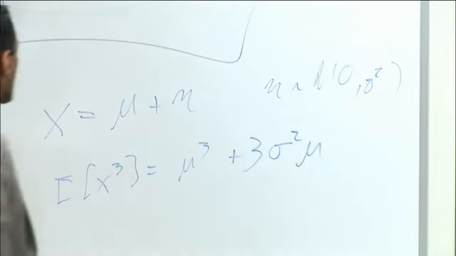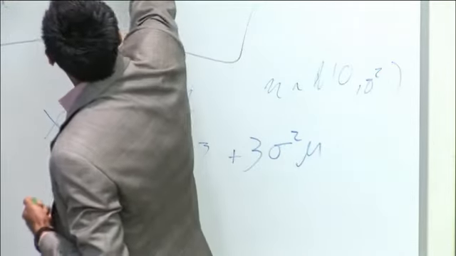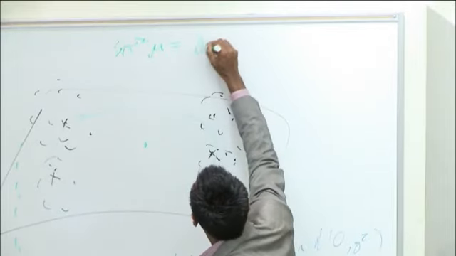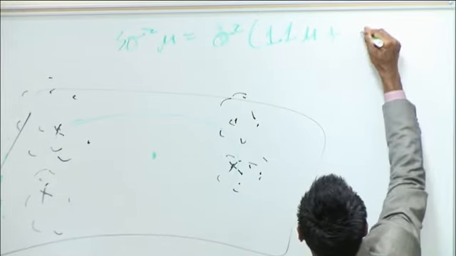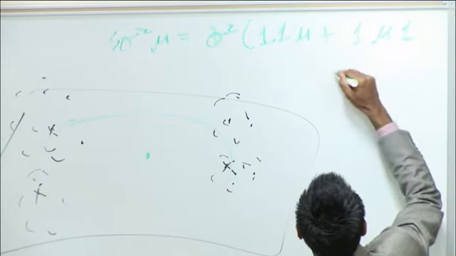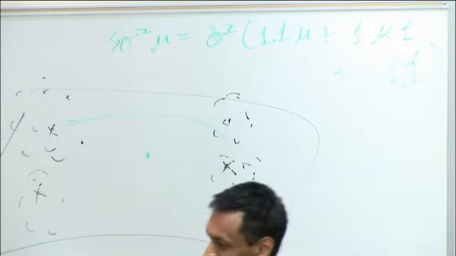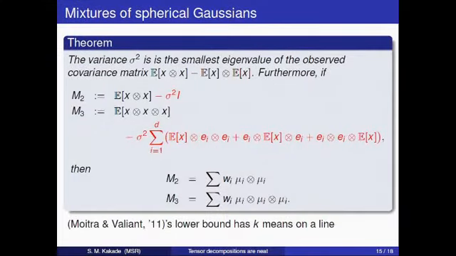So basically, think of 3 sigma squared mu as equal to sigma squared times 1 times 1 times mu, plus 1 times mu times 1, plus mu times 1 times 1. It's kind of a stupid way of writing it, but the reason I say that is because of M2.